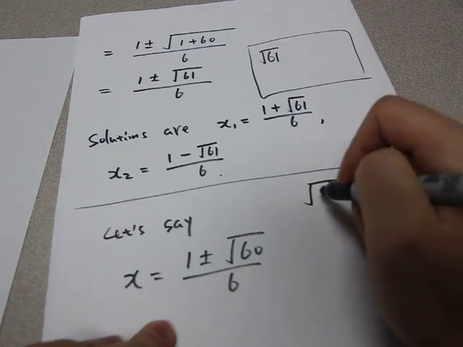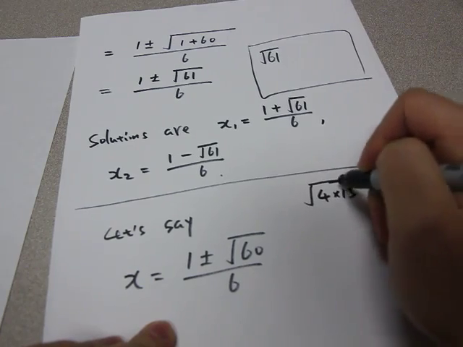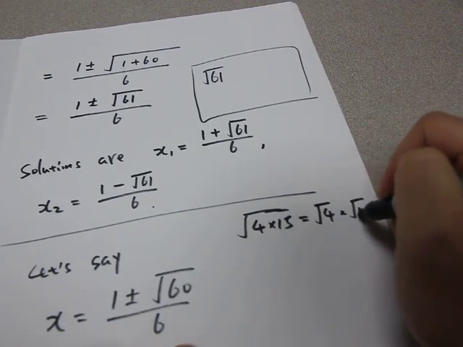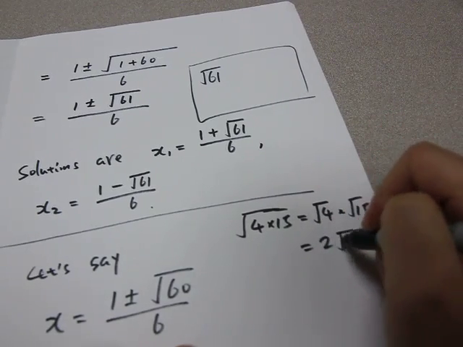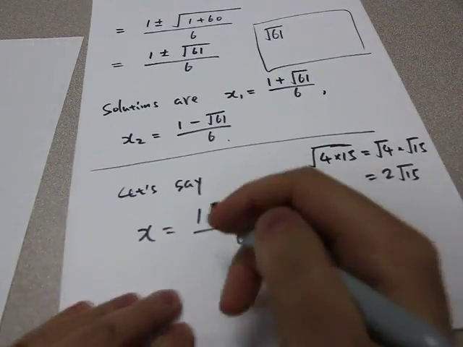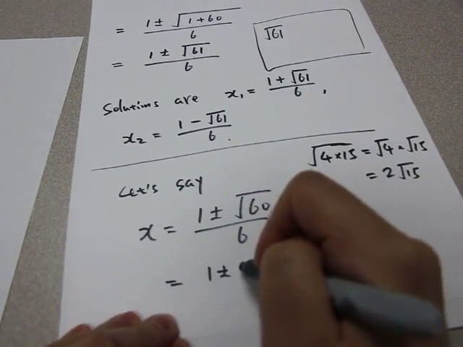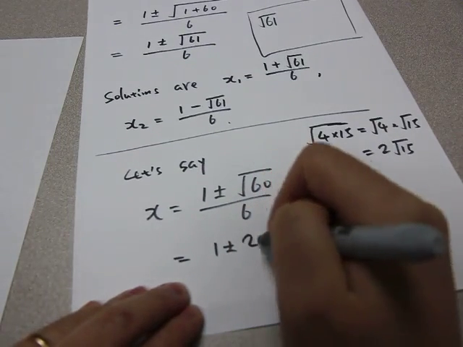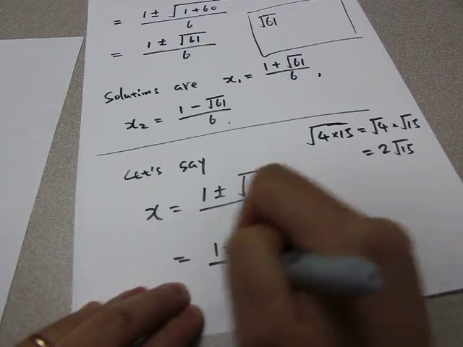Since 60 equals 4 times 15, that's going to be the square root of 4 times the square root of 15, which is 2 times the square root of 15. So in this case, we want to write our answer this way: 1 plus or minus 2 times the square root of 15, over 6.